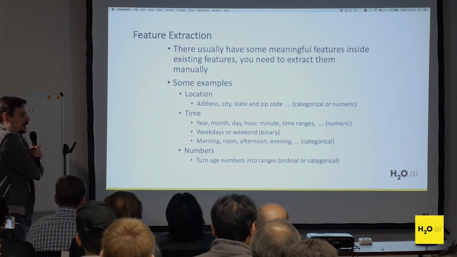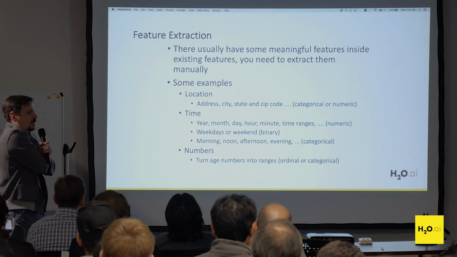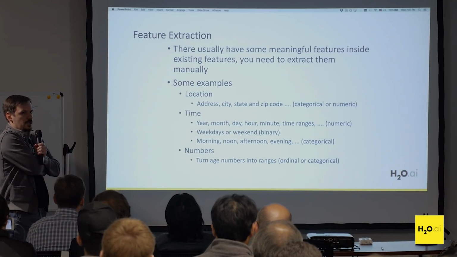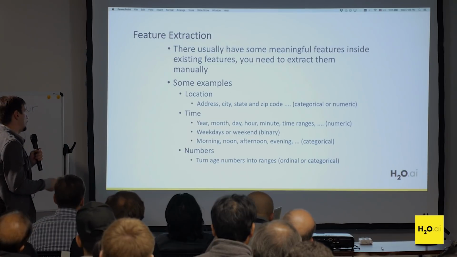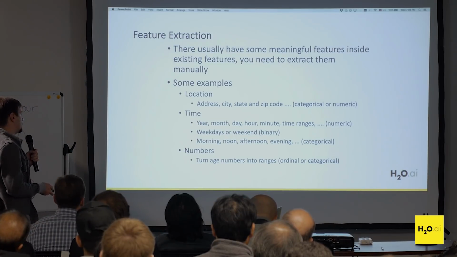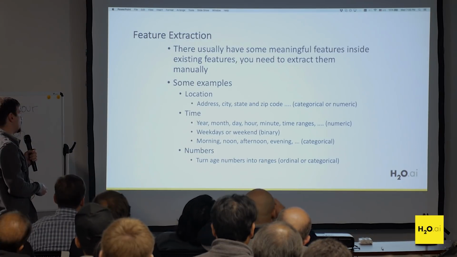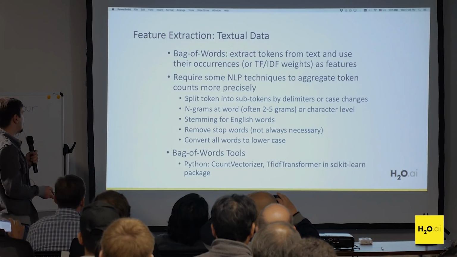If you have time in your data, you can extract the exact year, month, day, hour, minute, time ranges, or if you have a holiday calendar, it's usually helpful for retail chains. You can have a flag for whether it is a holiday or not, or what kind of holiday it is. As I mentioned a couple of times, you can also bin your numbers, like age, into ranges, which is usually quite helpful.